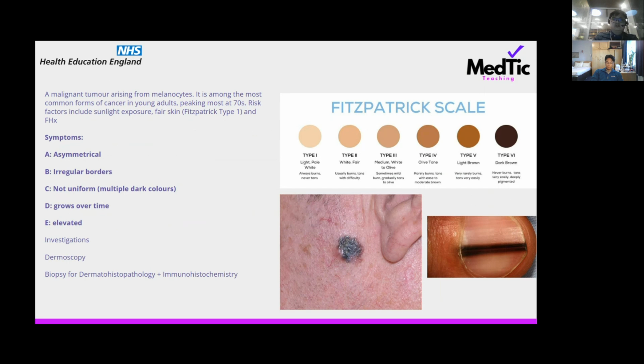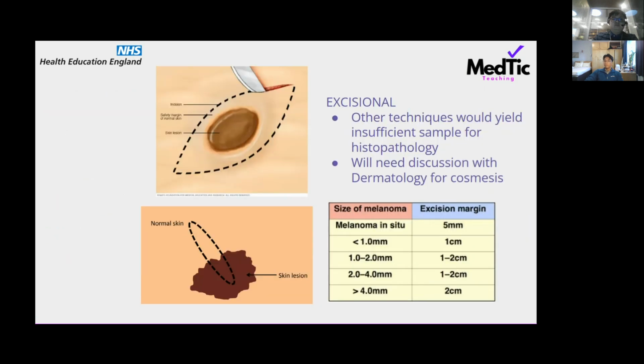If we just go to the next bit, talking about the biopsy technique for this, ideally you would want to do an excisional technique, which is an elliptical cut around the tumor, as opposed to an incisional one. An incisional biopsy is more beneficial for areas where you want the person to look cosmetically better, such as the face, but it's not preferred as much as an excisional because you have less of the lesion to analyze and biopsy.